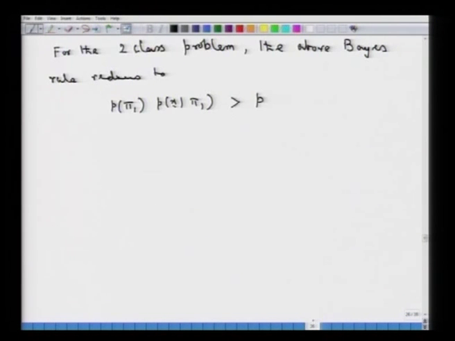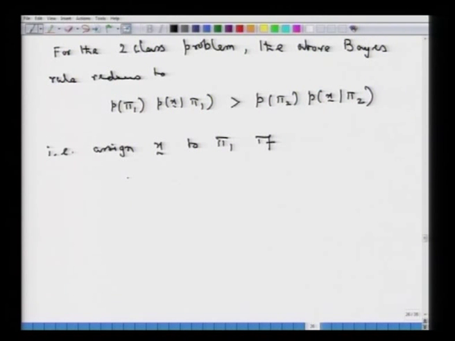For the two class problem we have just two populations, π_1 and π_2. Assign x to π_1 if P(π_1) P(x | π_1) is greater than P(π_2) P(x | π_2).